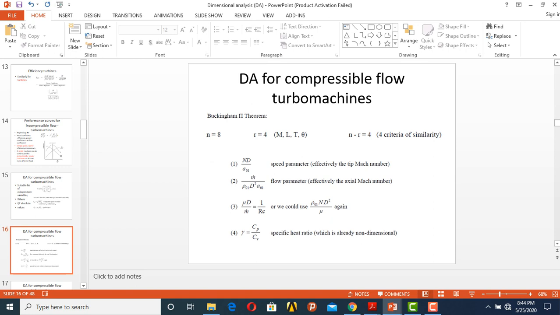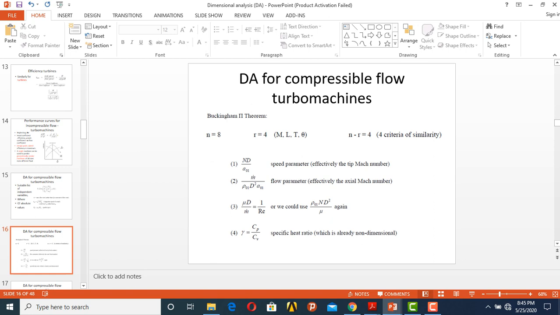So as I earlier alluded to, as we are choosing the basic elements, we look at a few properties. Does it have the fluid property? Does it have the machine property? Does it have the flow property? So if you look at it, even for compressible flows, the density is reflected there to represent the fluid property.